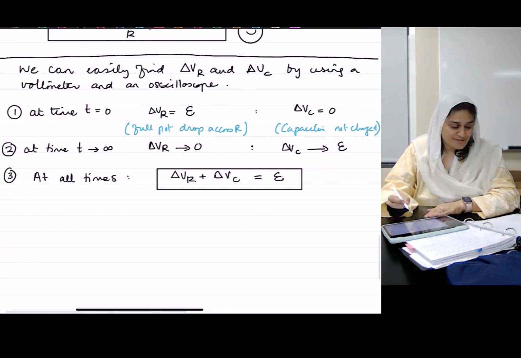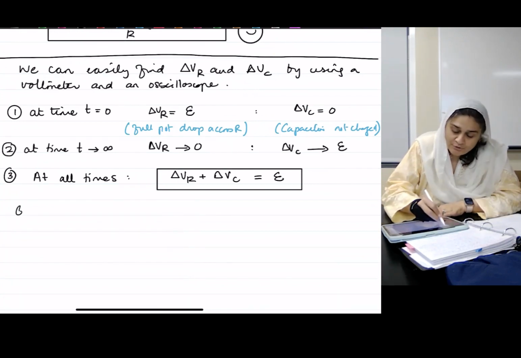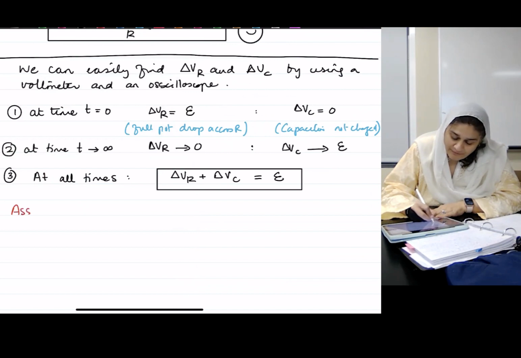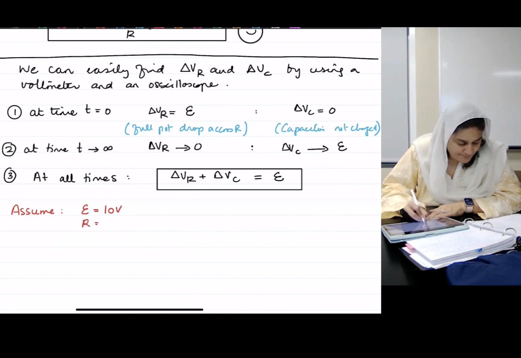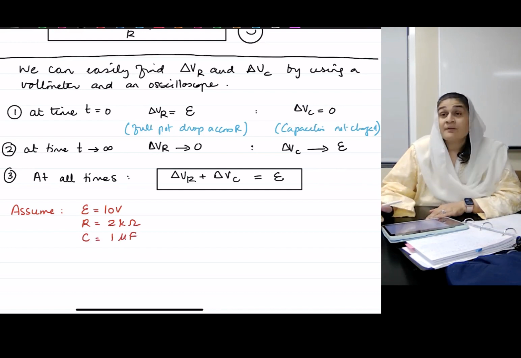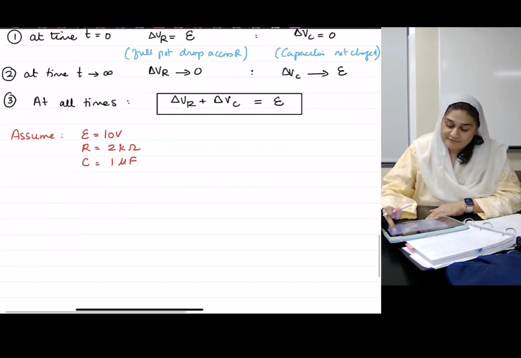Now, how do I draw this? Assume E is 10 volts, R is 2 kilo ohms, and the capacitor is 1 microfarad. What will these graphs look like?